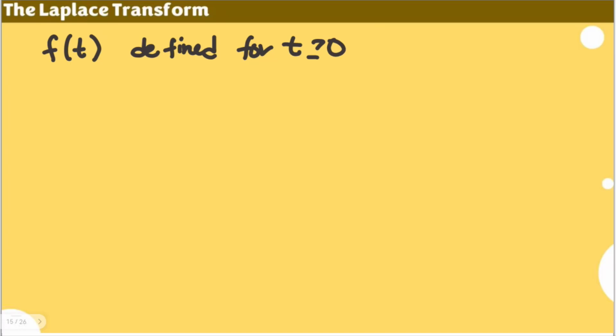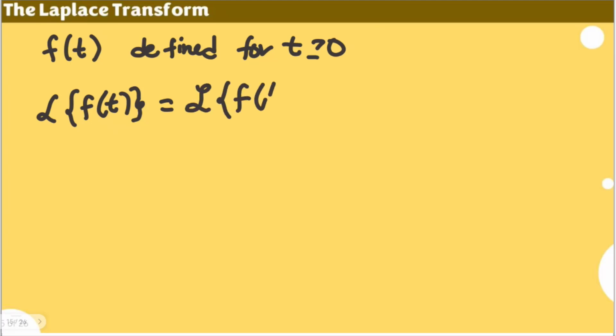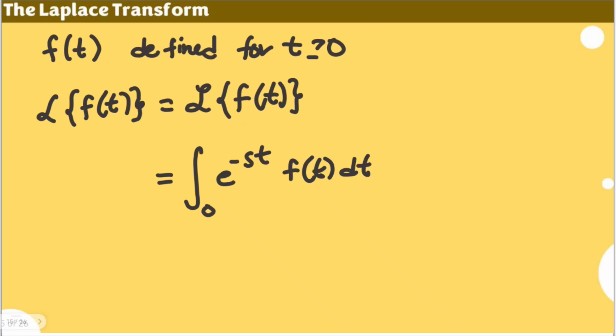The Laplace transform, oftentimes denoted by this, of our function of t, or other notations will use the cursive form of L, they mean the same thing, is equal to the result of this integral. We have the integral of e to the power of negative st, times your function of t, dt, integral from 0 to infinity. So you're going to plug in here your function to get its Laplace transform.